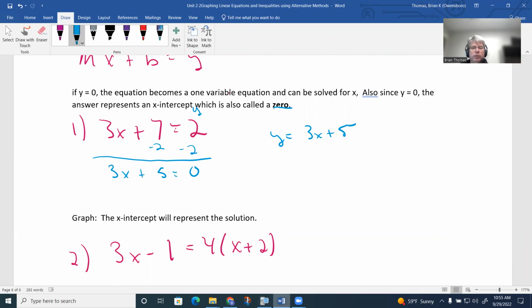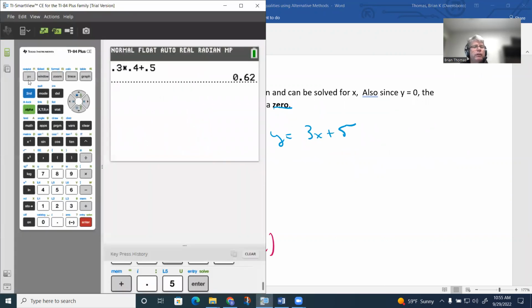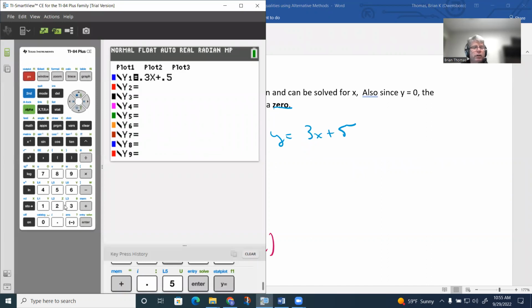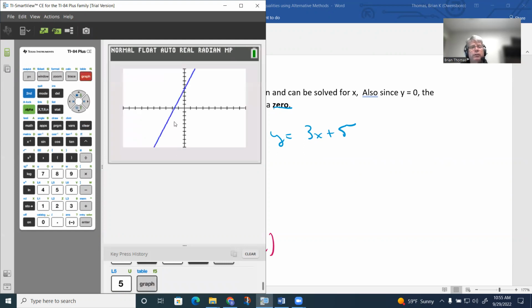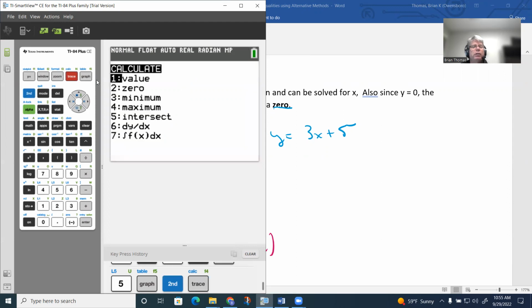So let's see if we can put this all together. If I hit y equals, and change this to 3x plus 5, let's clear that all up, 3x plus 5. If I graph that, the x-intercept would be the answer to this equation. An easy way to find that x-intercept is to go to second calculate.